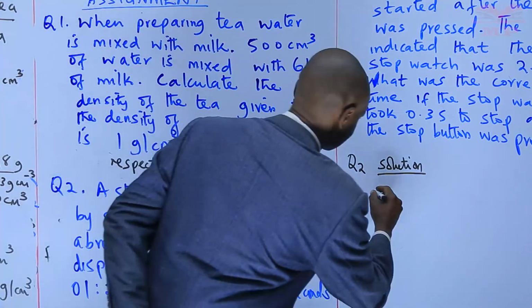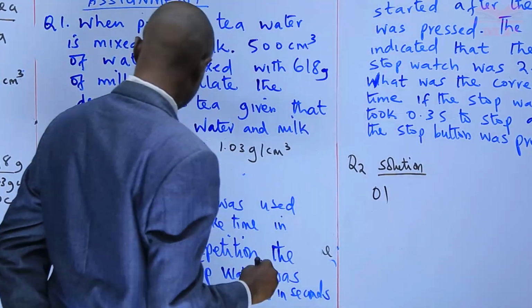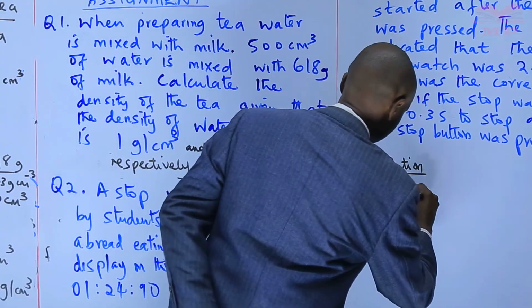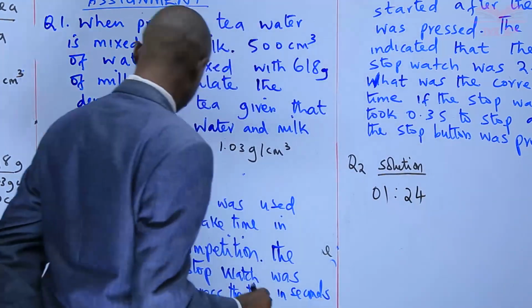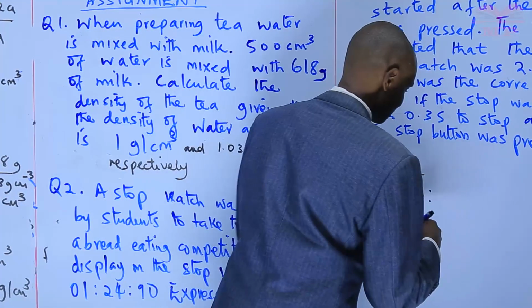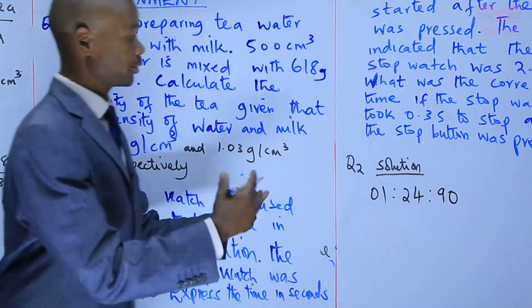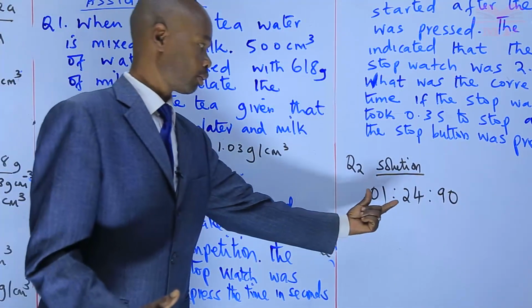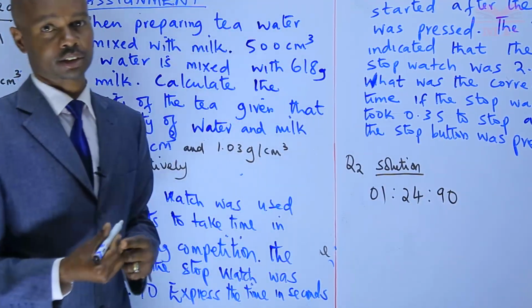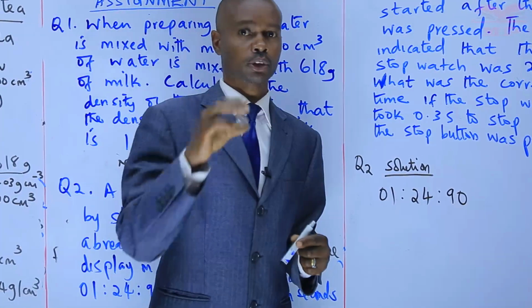So you are given 01.24.90. Before you work out, you should know what that represents on a stopwatch.